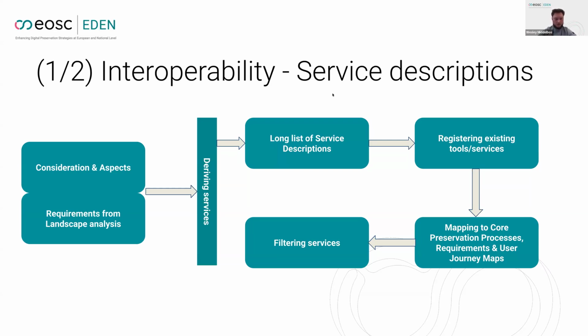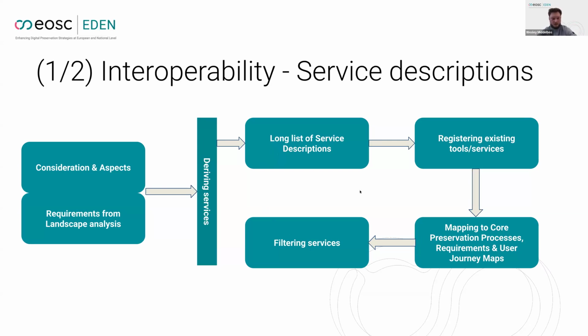As we have to scope a little bit, because 100 services might be a little bit ambitious, of course, we had to give priority to services which sounded feasible to do within the time frame we had, but which also solve the identified challenges and align with, for example, the core preservation processes and the discipline-specific requirements.